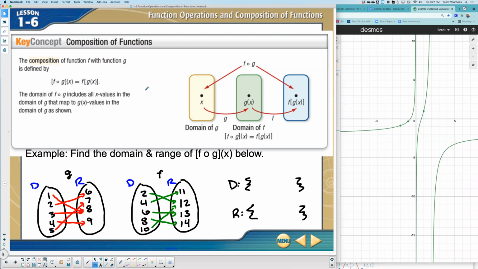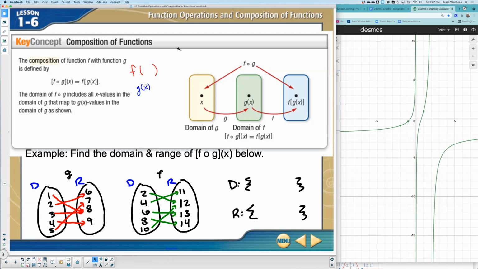So let me show you this way. What's happening is this. If you had f of x, and you had some equation g of x, what we do with function composition is this. We come in and we say we're going to substitute into f's equation.